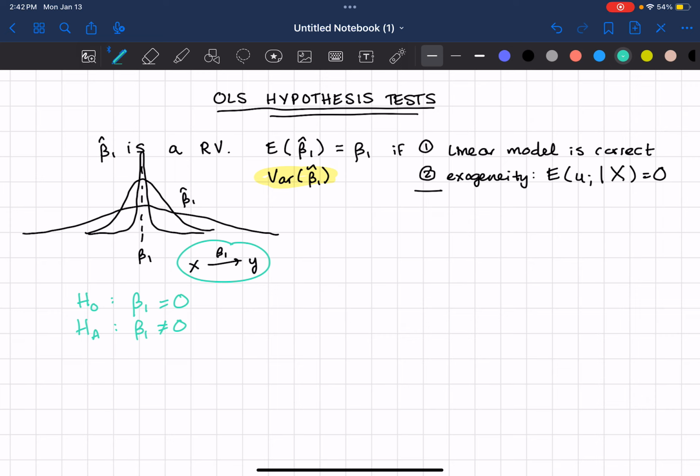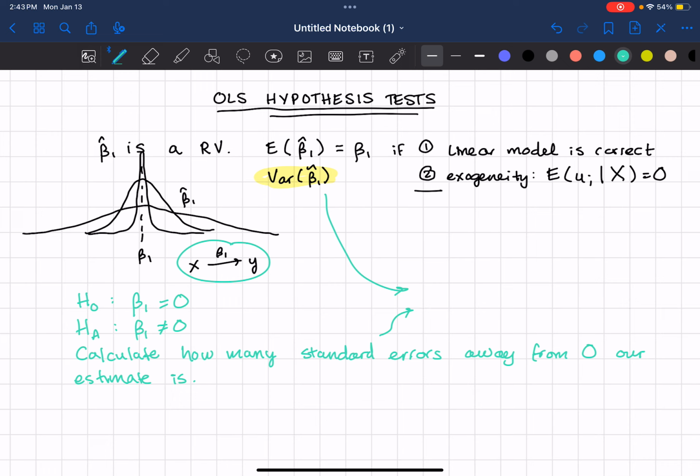And then to conduct this hypothesis test, we're going to calculate how many standard errors away from 0 our estimate is. And the standard error, by the way, how it's related to the variance of beta 1 hat, is that the standard error is something you get from the data.